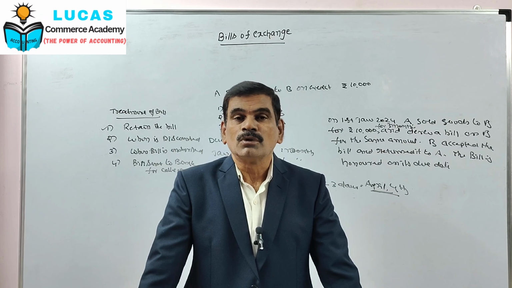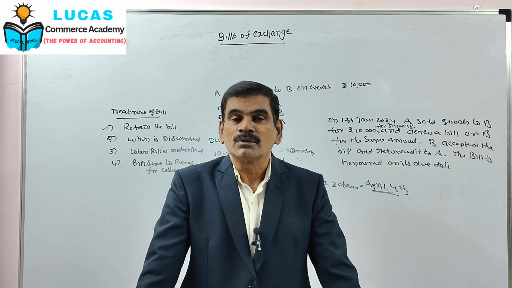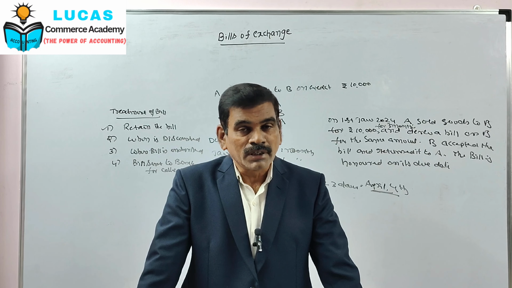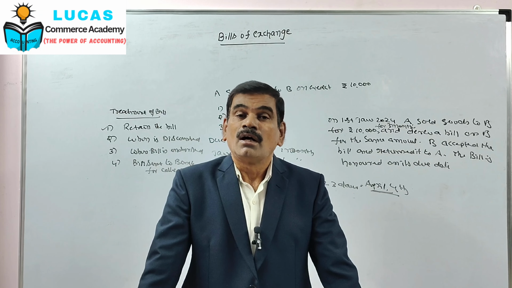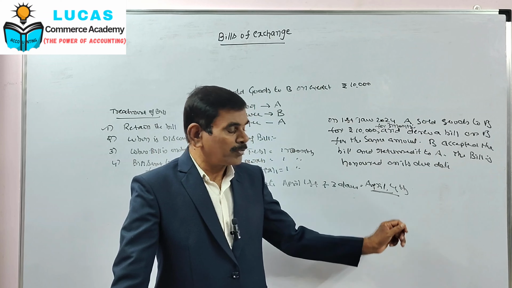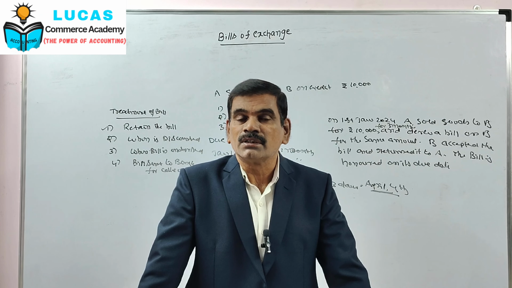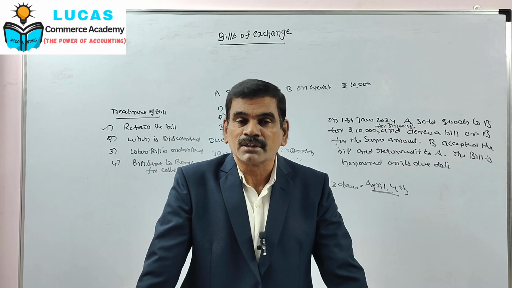When goods sold to B, drawee account debit to sales account. When bills receivable received from drawee, bills receivable account debit to drawee account. When bill is honored on its due date, April 4th, cash or bank account debit to bills receivable account.